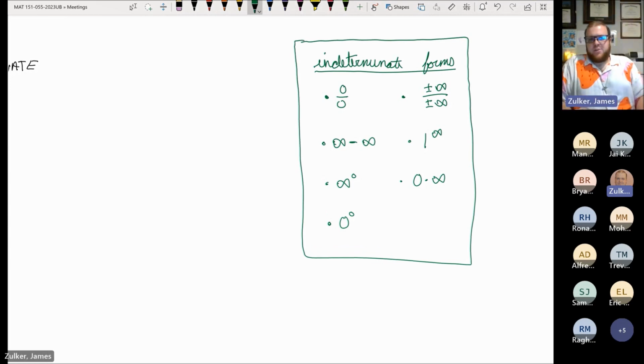If direct substitution yields any one of these 7 forms, then you have to use some type of algebraic manipulation.